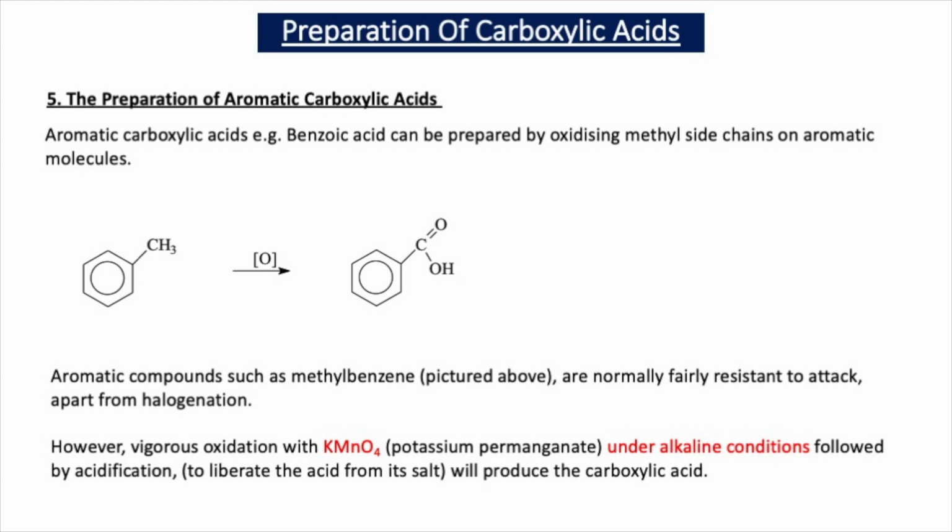Now, this oxidation is different to the oxidations we've discussed in previous topics, such as the oxidation of alcohols and aldehydes, because instead of having acidified conditions for this oxidation, you need alkaline conditions. So this oxidation is carried out by refluxing methylbenzene in alkaline conditions, and they use sodium carbonate to provide these alkaline conditions.